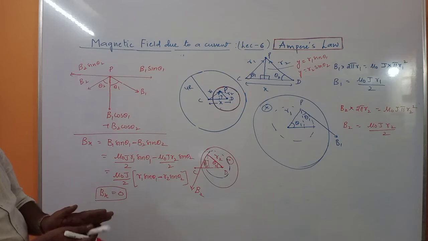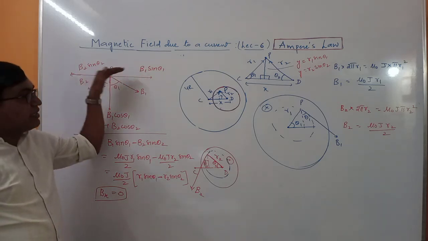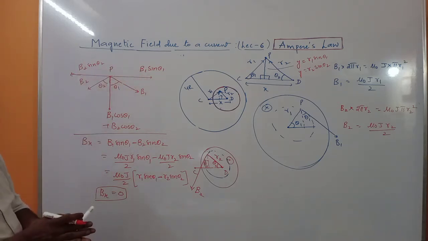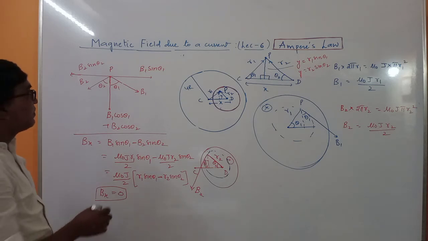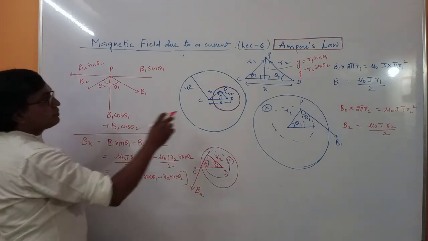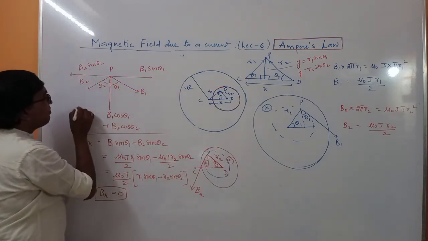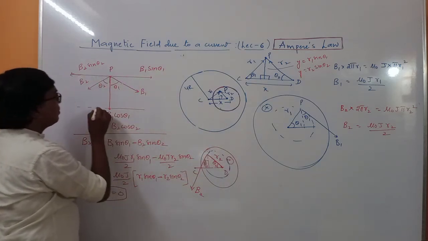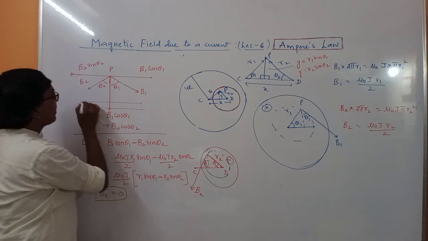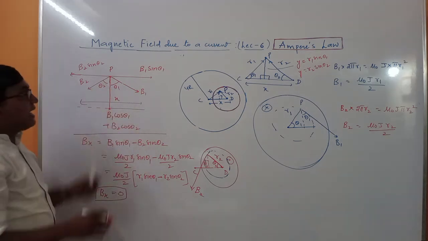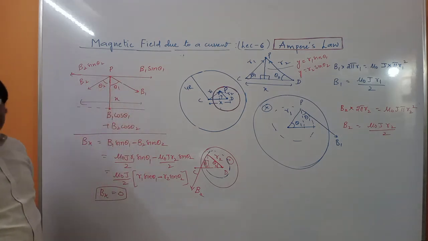The field parallel to this line, so this is x, we have taken this field parallel to this line. So the field parallel to x direction is 0.